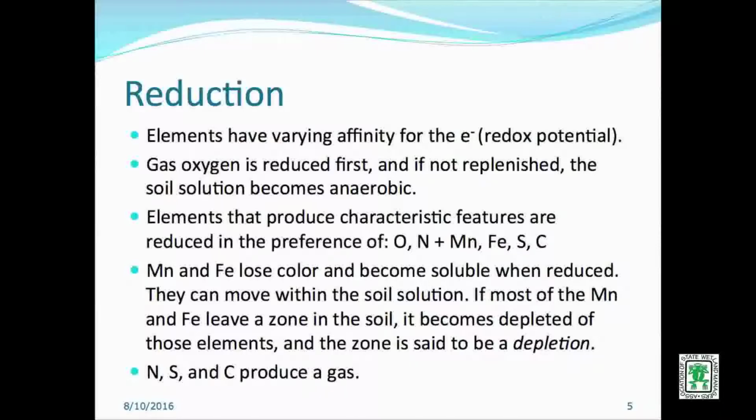Now, if most of the manganese and iron leave a particular zone in the soil, it becomes depleted of those elements, and the zone is said to be a redox depletion. On the other hand, nitrogen, sulfur, and carbon produce gas when they are reduced. Rather than becoming soluble, they turn into a gas and do not become part of the soil solution.